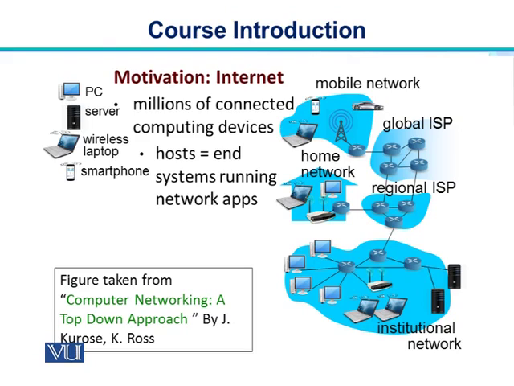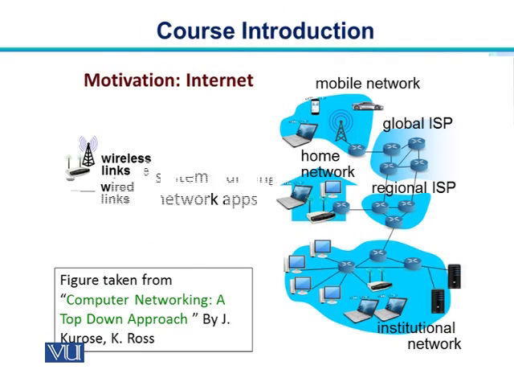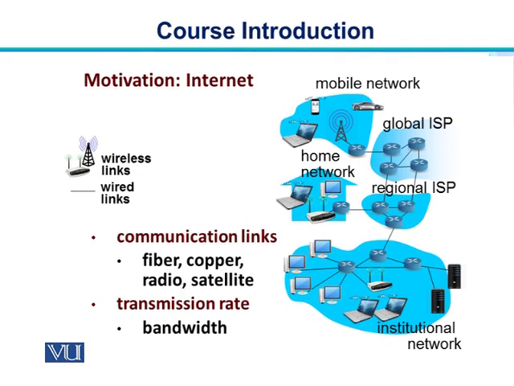Now the motivation is about the network, the internet, and in this diagram, millions of computers are connected. The computing devices can be PCs, servers, wireless laptops, smartphones, and these are our hosts. These are actually the end systems running the network applications. Then this is a router, a wireless router.